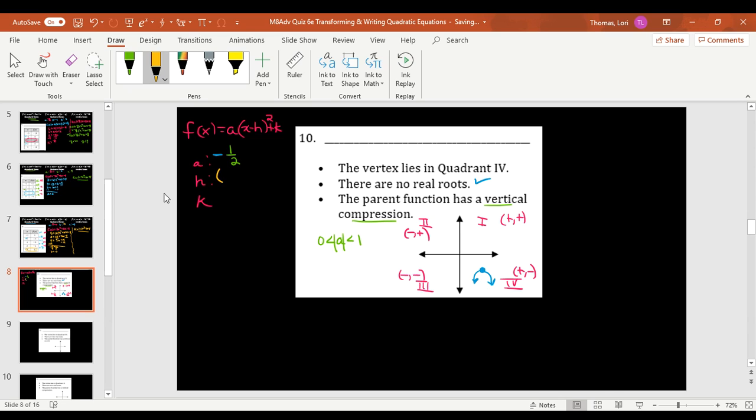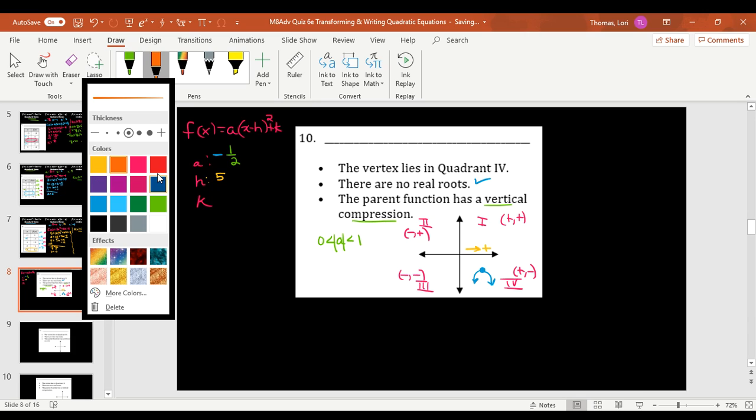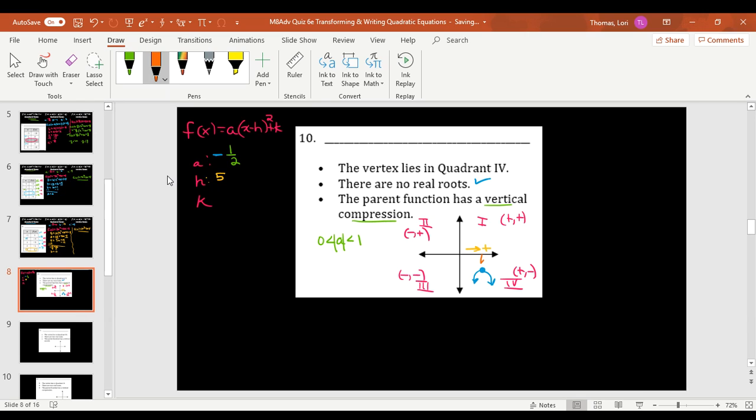So my h value has to be, we'll just call it positive 5. So I have to go in a positive direction. Then my k has to be negative because I'm going down. So let's just say -8.